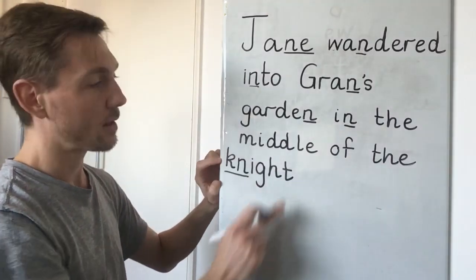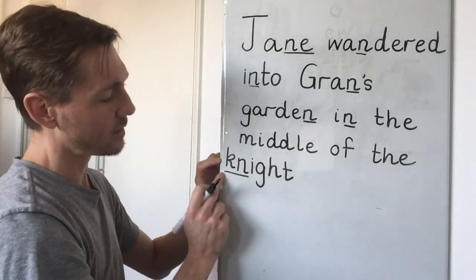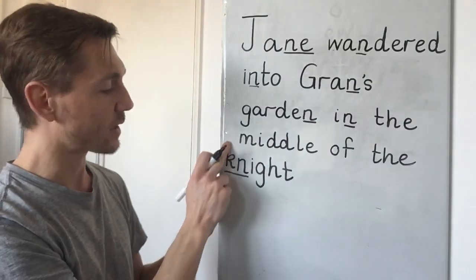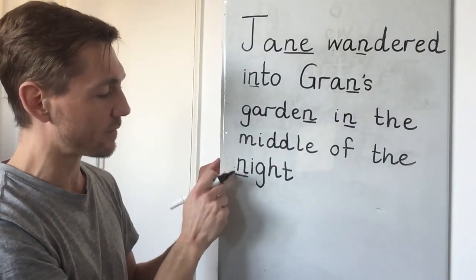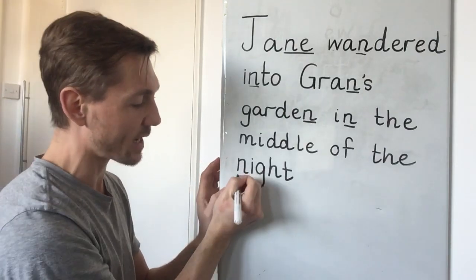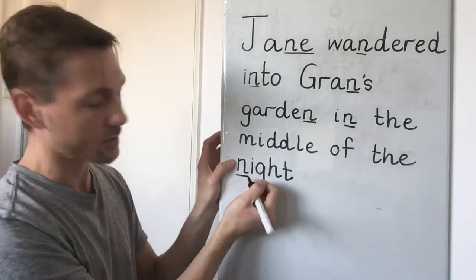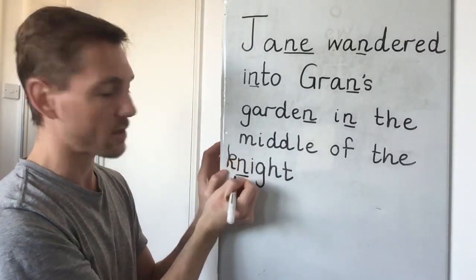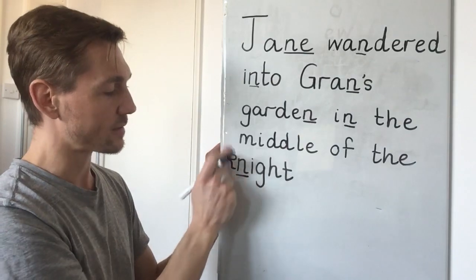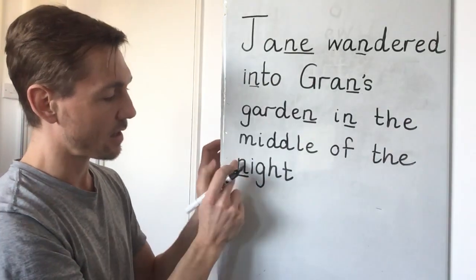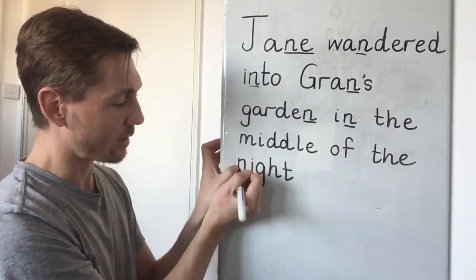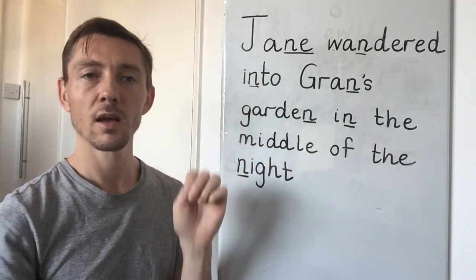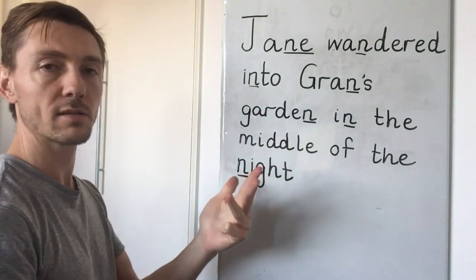Night. In the middle of the night. No, I'm not, because this is not that kind of night. It's the time of day. Day and night, just with that N spelling of N. This spelling of N is a knight in shining armour, a soldier, and that's not the type that we need. We need this spelling of N for night. In the middle of the night, under cover of darkness.